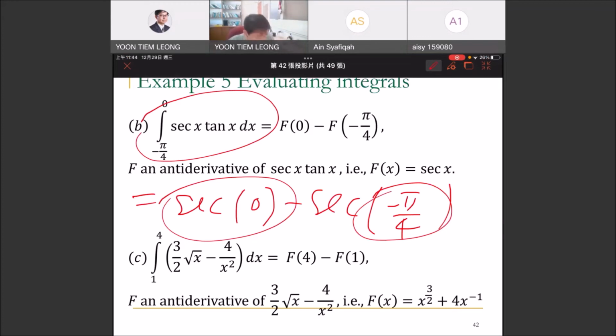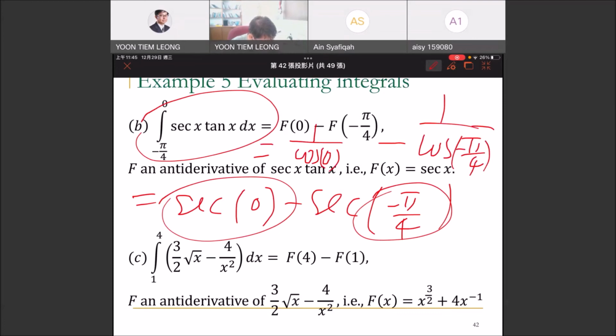Secant 0 is 1 over cos 0. 1 over cos 0 is 1 because cos 0 is 1.